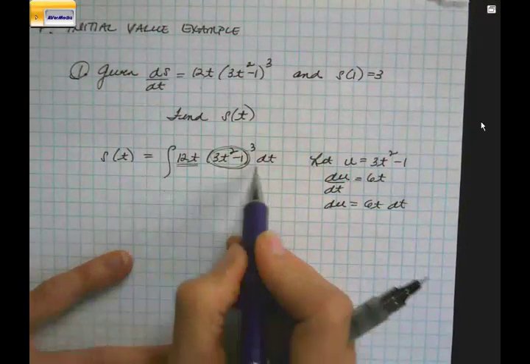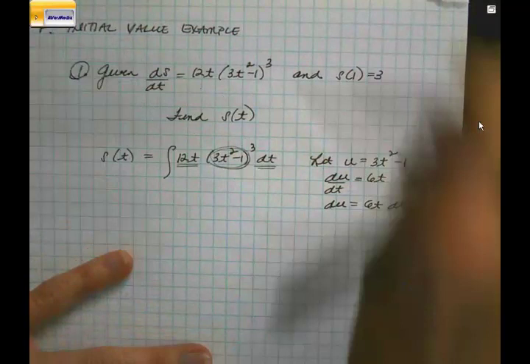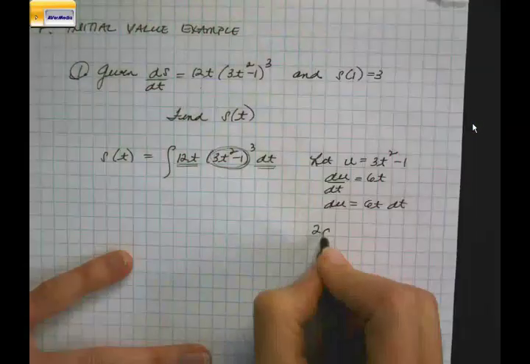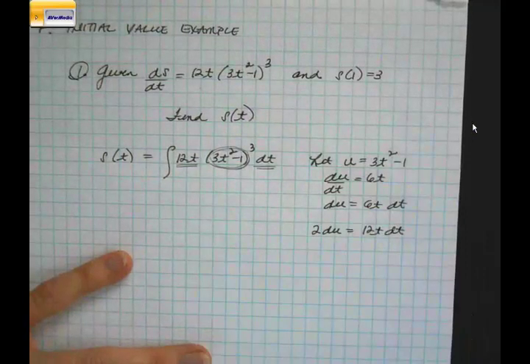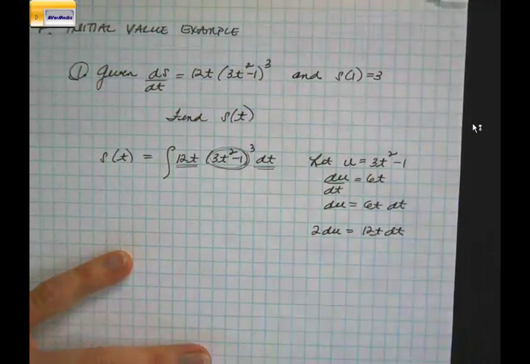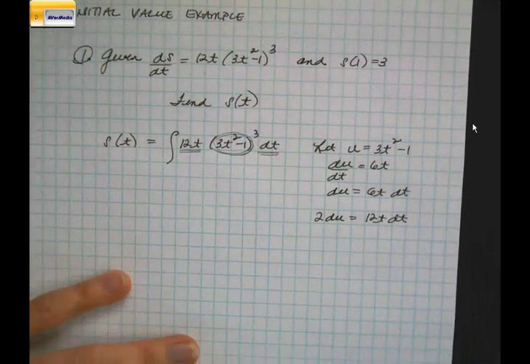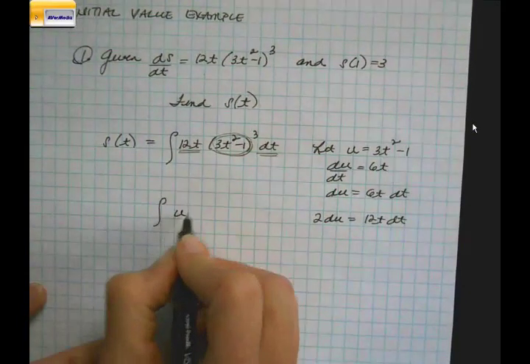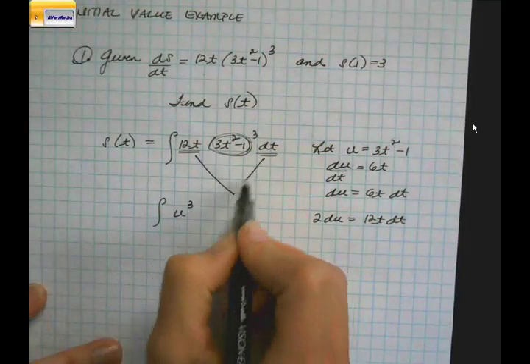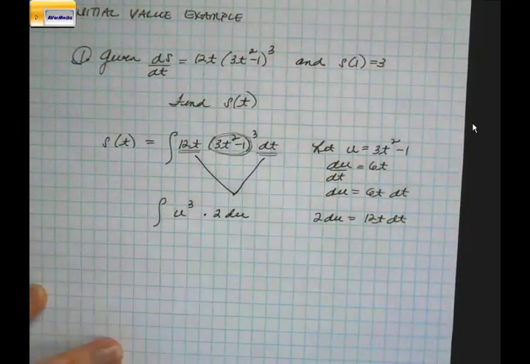But we have a 12t dt, not a 6t dt. So if I multiply both sides by 2, then 2 du would cover the 12t dt. So this becomes the integral of u cubed, and the 12t dt is replaced by 2 du.